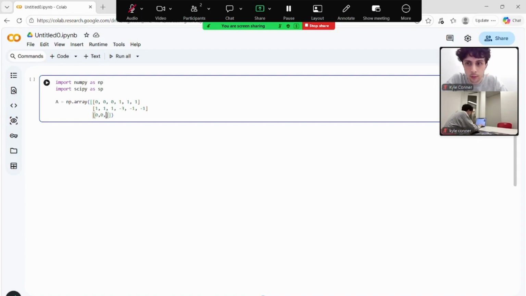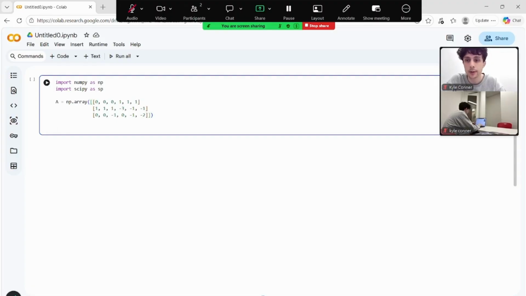We have 0, 0, negative 1, negative 1, 0, negative 1, negative 2. So that is our first array.